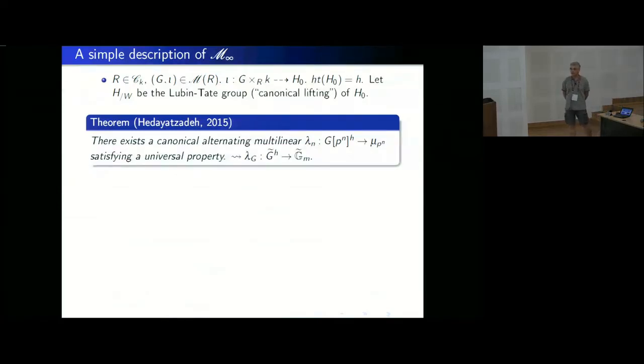So he proved there exists a canonical alternating multilinear map, lambda_n, from G[p^n] to the power h, h is the height, to mu_{p^n}, satisfying the obvious universal property that if you have any other alternating multilinear map from G[p^n] to the h to some other group scheme whatsoever, it will factor through this map. Okay, there will be a map from mu_{p^n} to that other group scheme through which this factors.